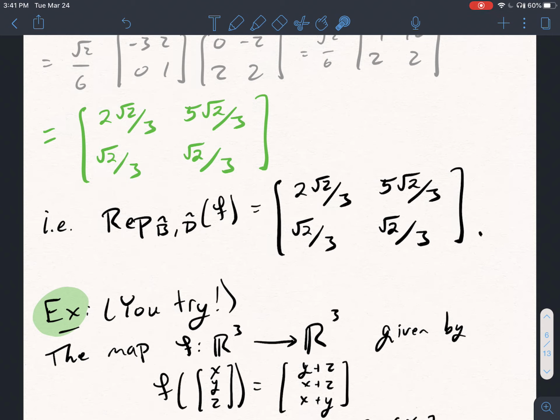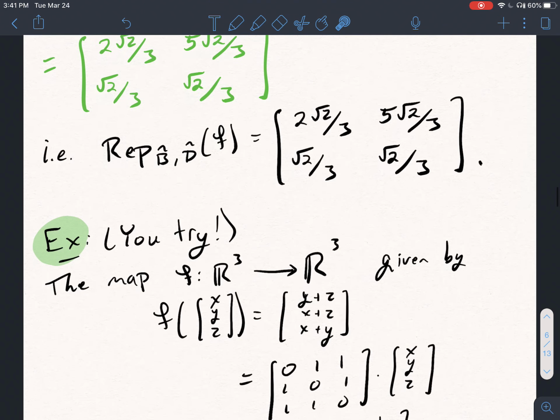F of (x, y, z) is equal to (y plus z, x plus z, x plus y). The first thing that you would generally have to do, I already did for you, is to represent F with respect to the standard bases. And this you can just write as this matrix times (x, y, z).